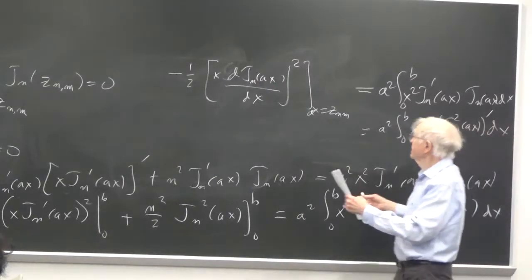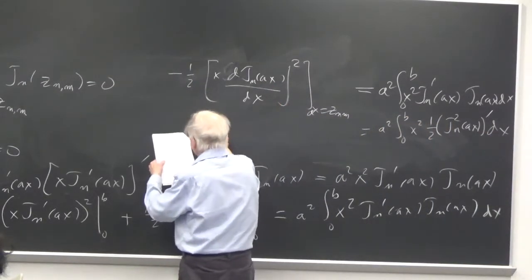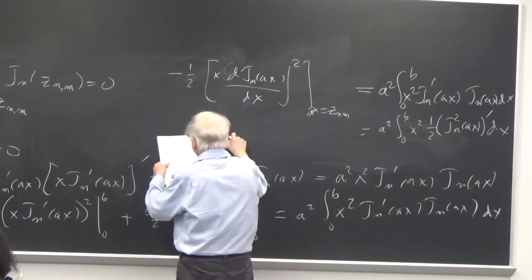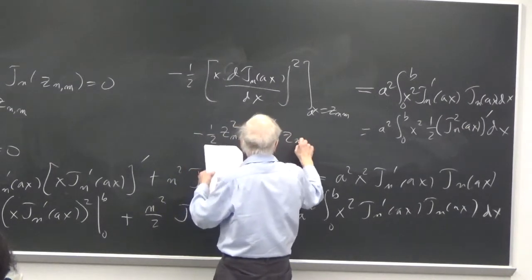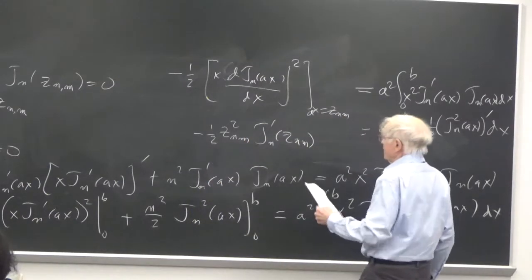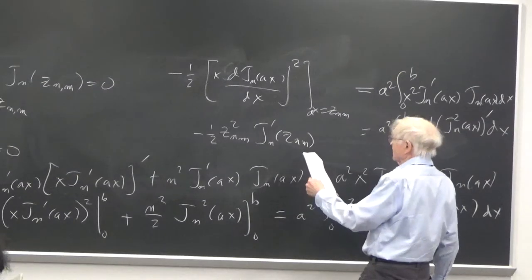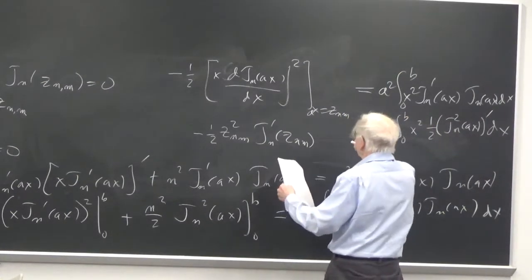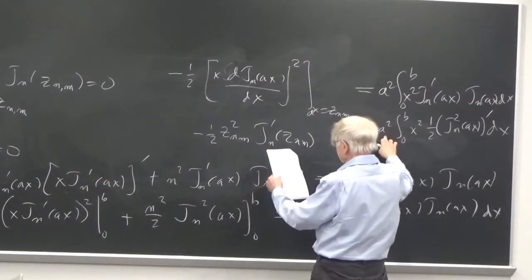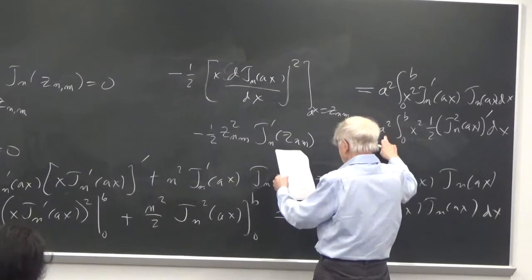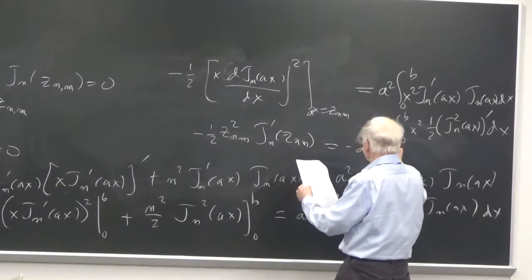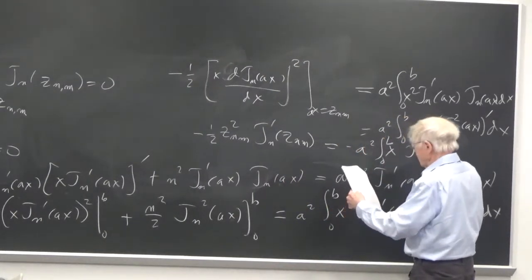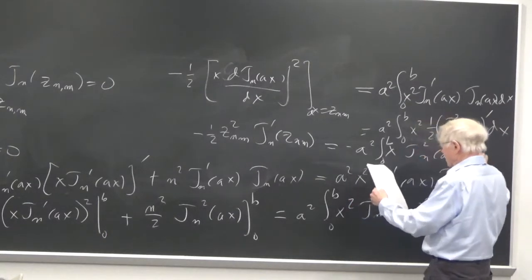And so over here, what we have is minus a half Znm squared Jn prime of Znm, and that's then equal to minus a squared integral 0 to b x Jn squared of ax dx.